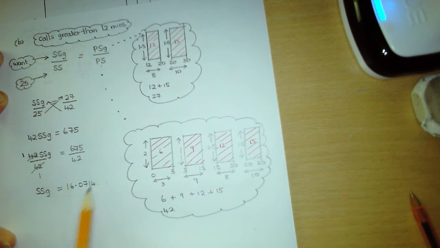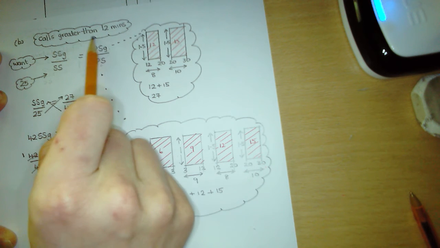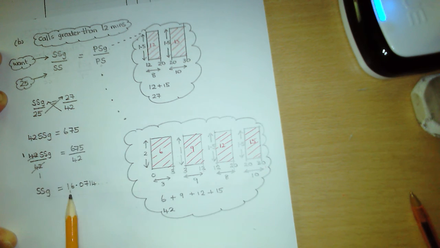Okay, and don't be afraid if it doesn't work out exactly. People think, oh, it didn't get to be a whole number, it must be wrong. No, you're not. So what we can do then is we can approximate it to the nearest whole number. So approximately there are 16 calls that we need to select from the group which is calls which are more than 12 minutes. So that's the number we select from that group, 16.